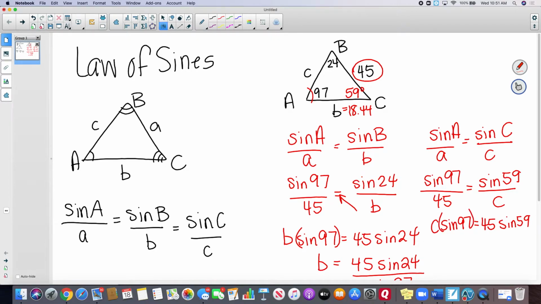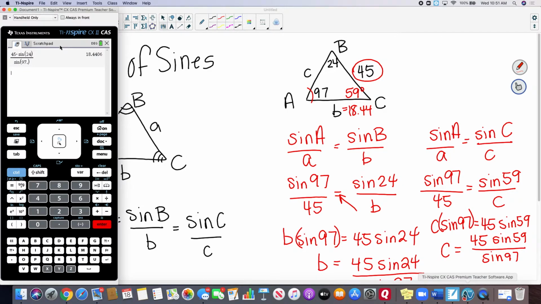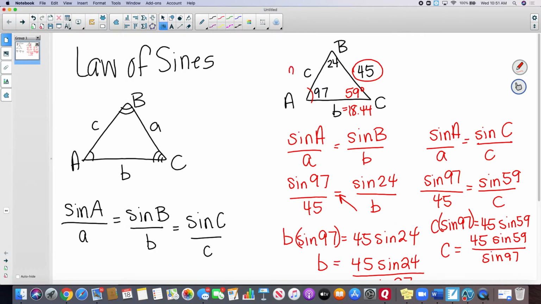Divide by sine 97, so c equals 45 sine 59 over sine 97. Go back to your calculator, control divide, 45 sine 59, come down here and do sine 97. Put my decimal point in, and you get 38.86. So c equals 38.86.